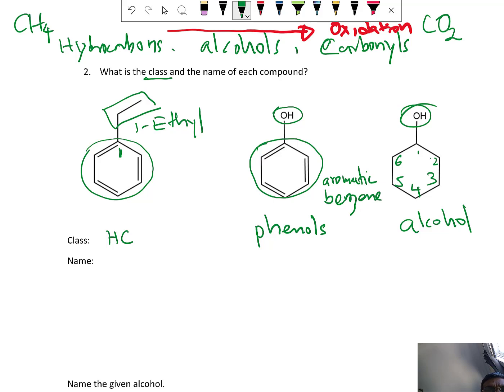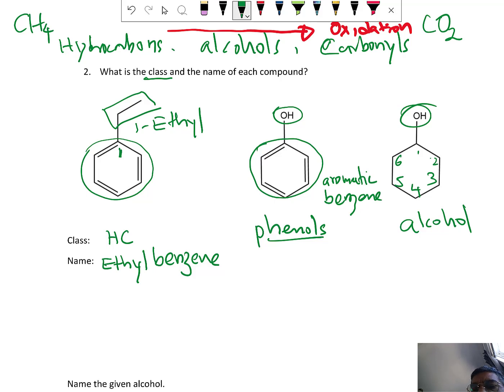Instead of saying 1 ethyl, we should say ethylbenzene, because we don't say benzene alone. There is an E here, E-N-E. So that's ethylbenzene, and then the phenol name is actually phenol, so we don't have to worry about that. Remember, this is an important one, right? There are a lot of phenolic compounds we're going to deal with.